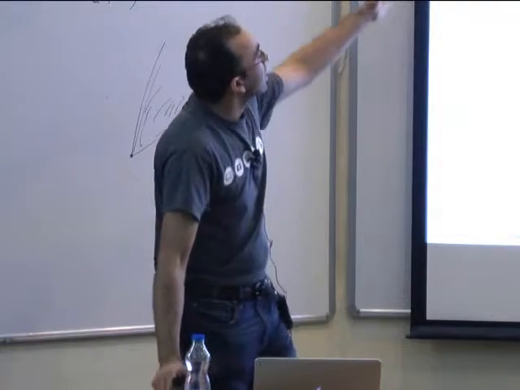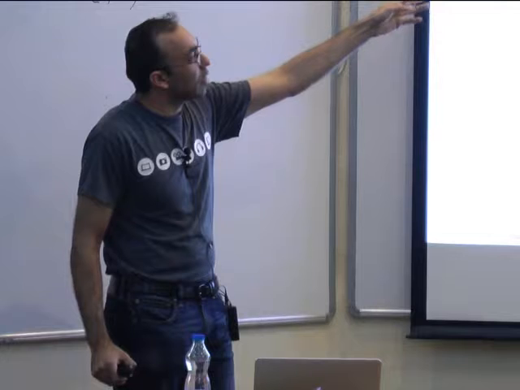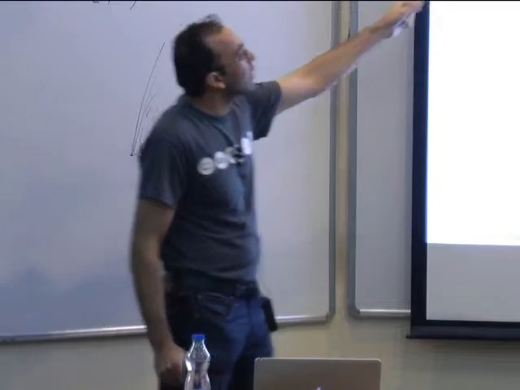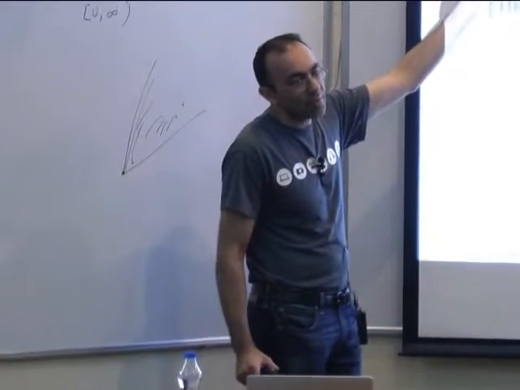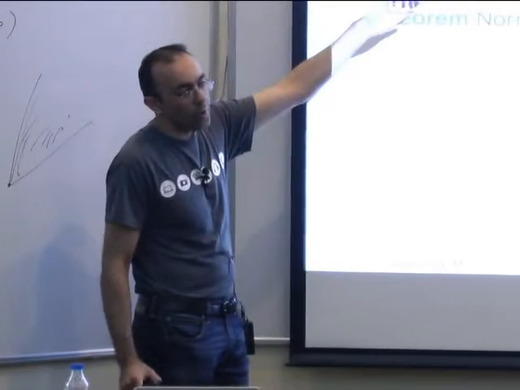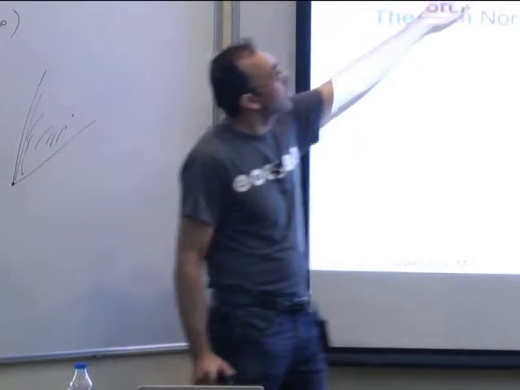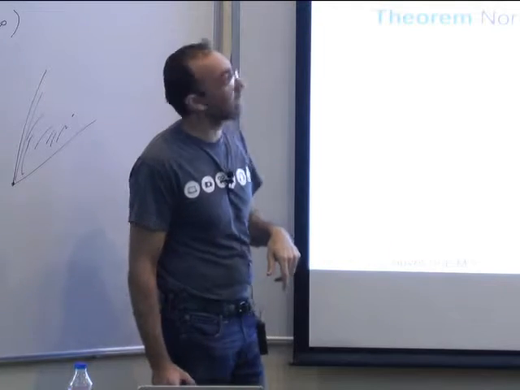A function that satisfies these properties: it's non-negative and positive definite, that means it is 0 if and only if its argument is 0. If you send in an argument that is not exactly the 0 vector, it will output a positive number. And it satisfies positive homogeneity, that is, if you scale the vector, then the value of the norm just gets scaled in absolute value by that scalar.